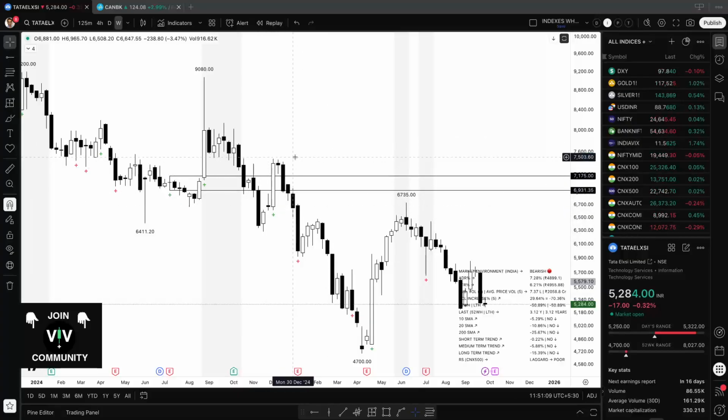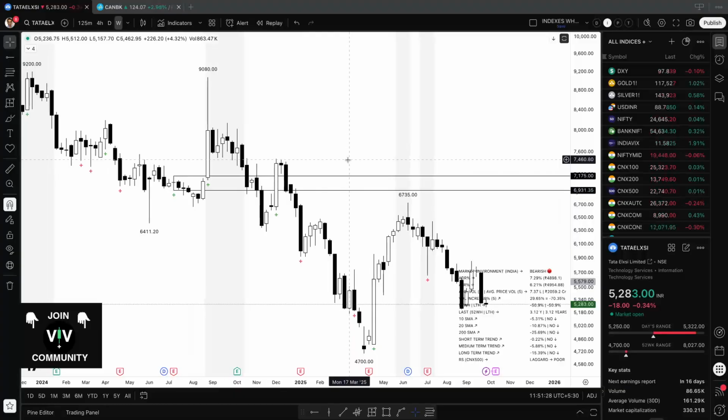In between, how will the market trap you? It will trap you if you sell here, and after 1-2 weeks you will see, oh my god, the stock has broken out again, and you will say, oh no, this system failed. But at the end, what happened?